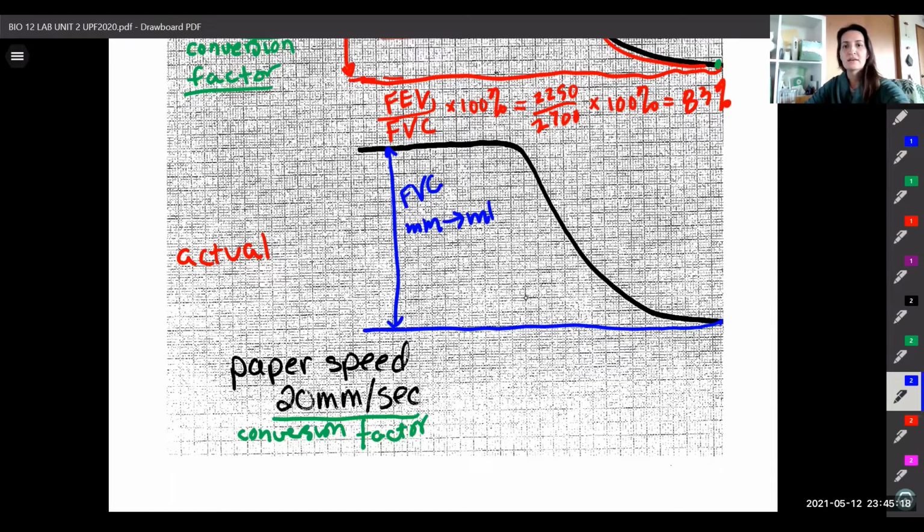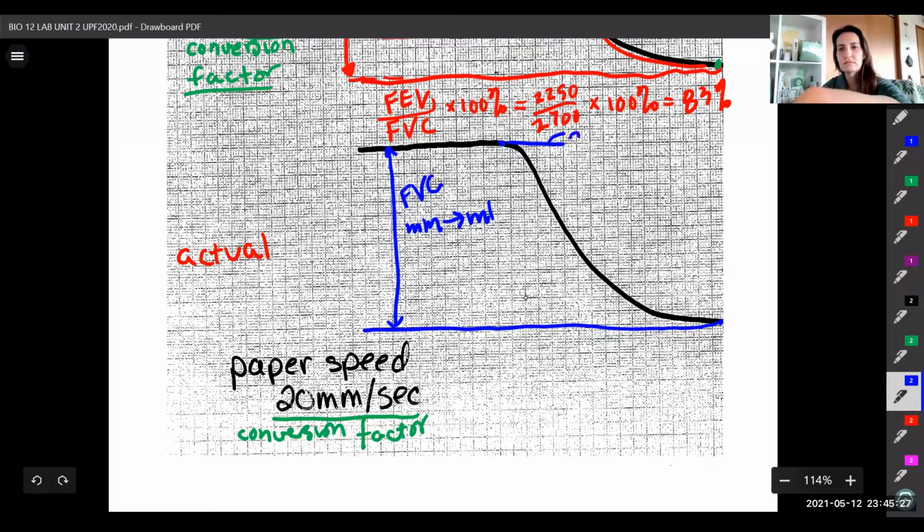And then you would find the inflection point, the point where the line begins to curve down. And you would measure out 20 millimeters, which would be equivalent to 1 second of breathing or exhalation. And then from there, we would measure down. There's your FEV1 in millimeters. You're then going to convert it to milliliters.